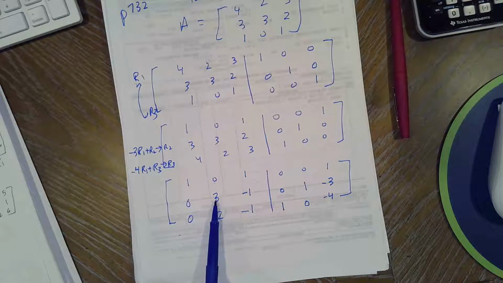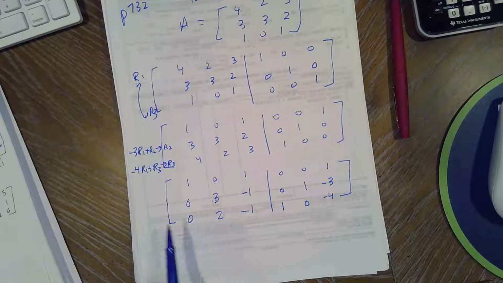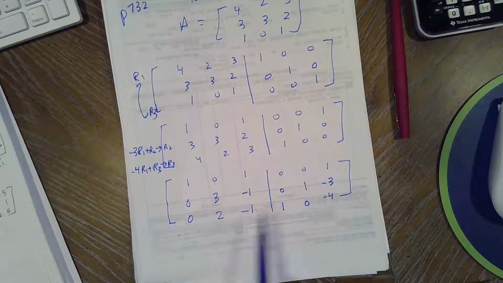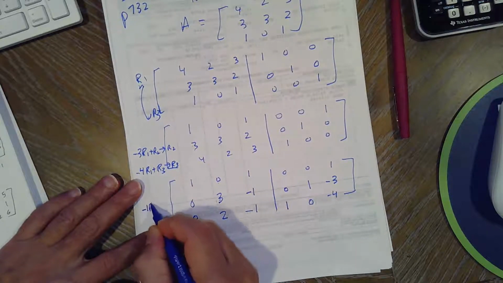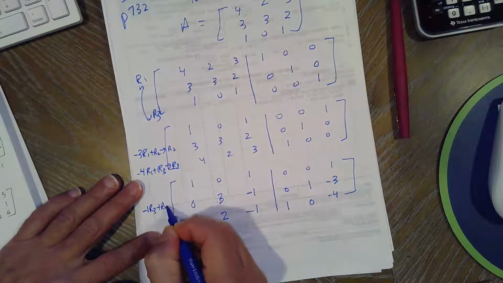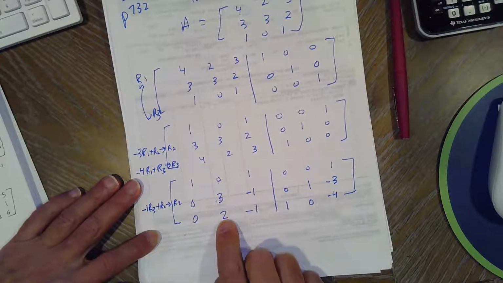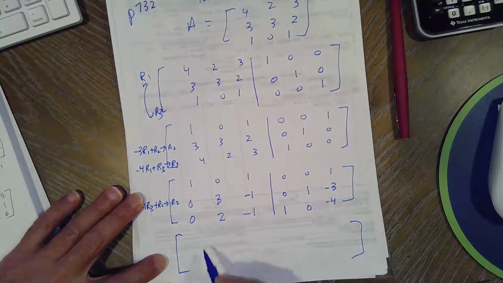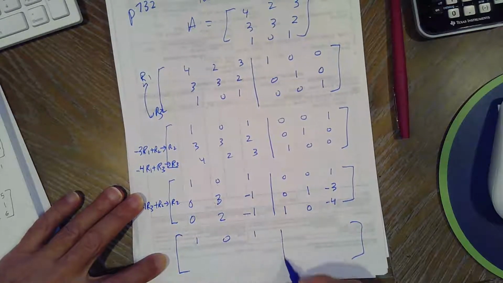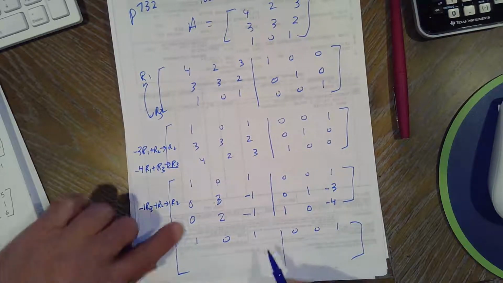So in order to get 1 here, I can times the third row. The easiest way I know, instead of timesing by 1/3 and getting fractions, I can times the third row by -1 and add it to the second row. So it would be -2 plus 3, which is 1. That's all I need. So 1 0 1 0 0 1.